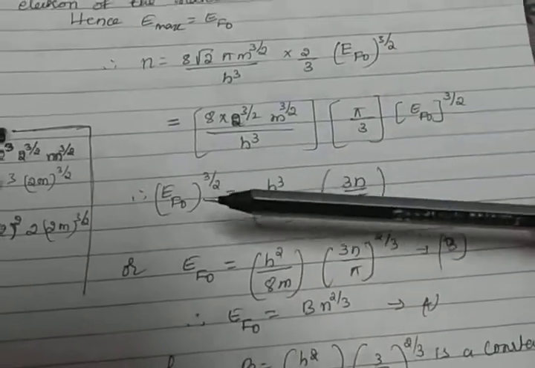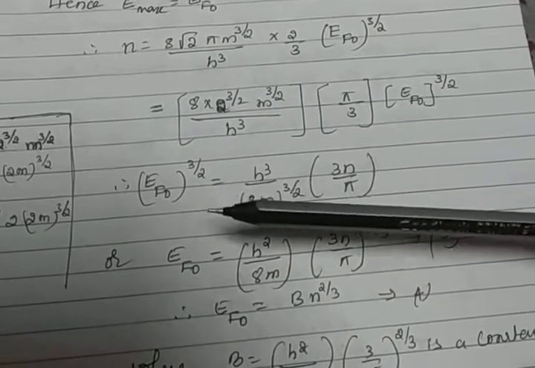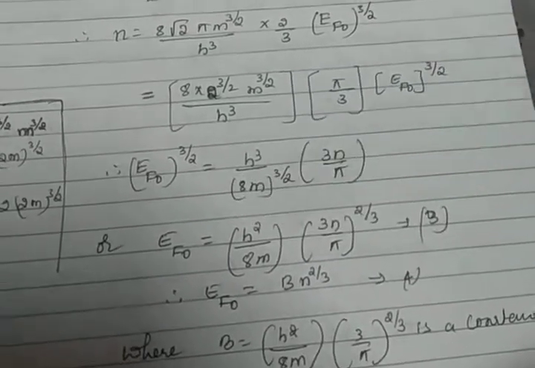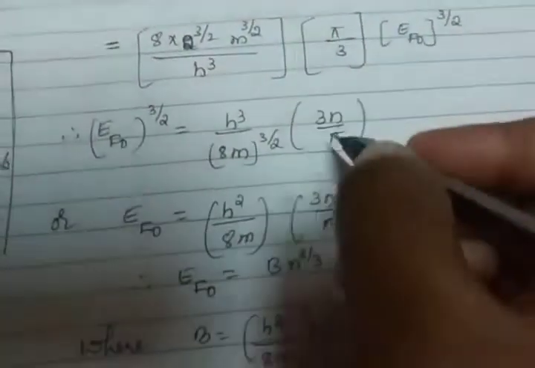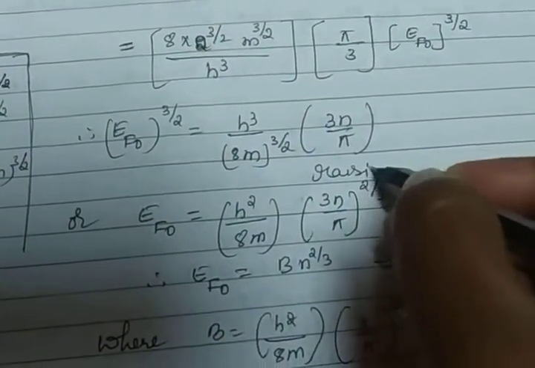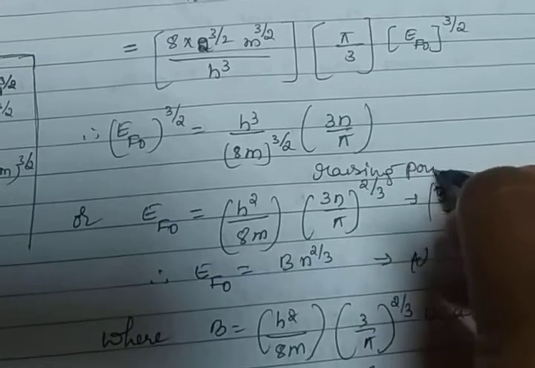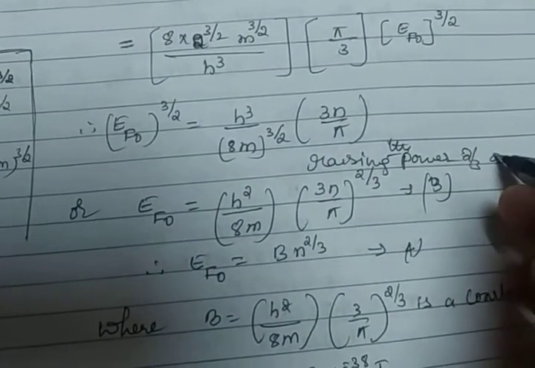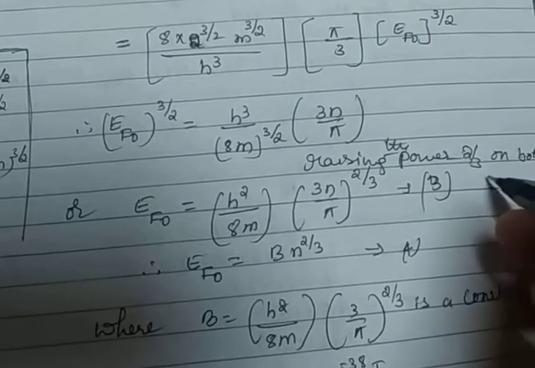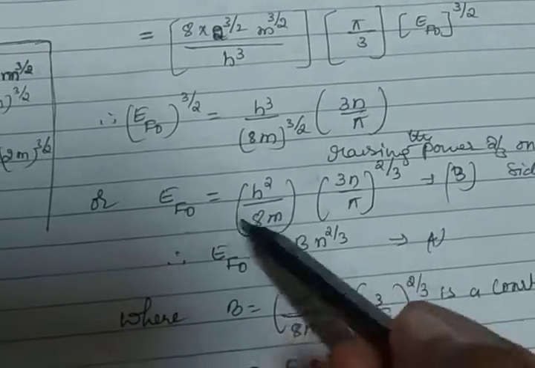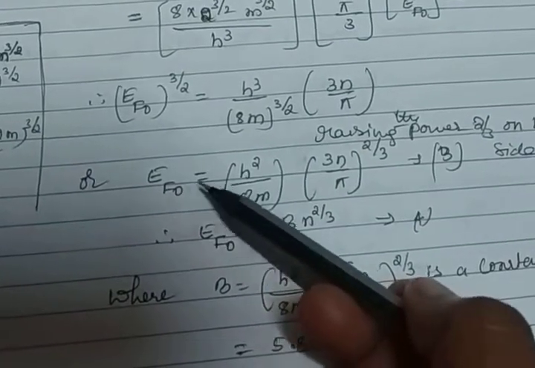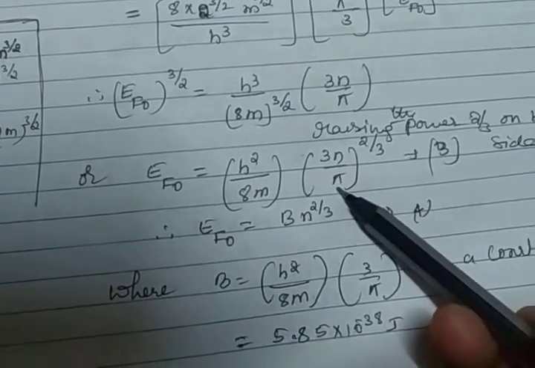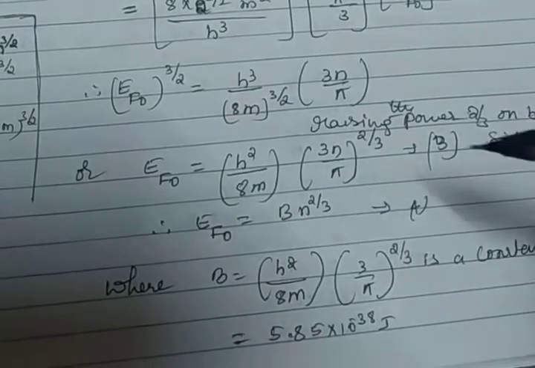Next, to remove the power 3 by 2, raise the power 2 by 3 on both sides. We get EF naught is equal to h square by 8m into 3n by pi whole power 2 by 3, equation 3.